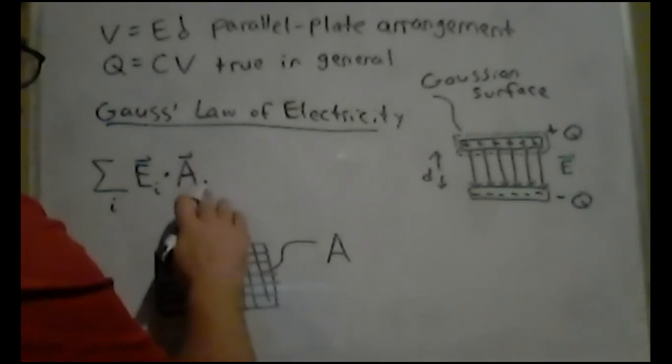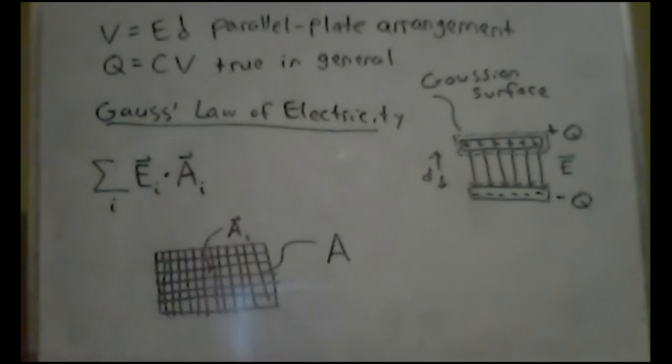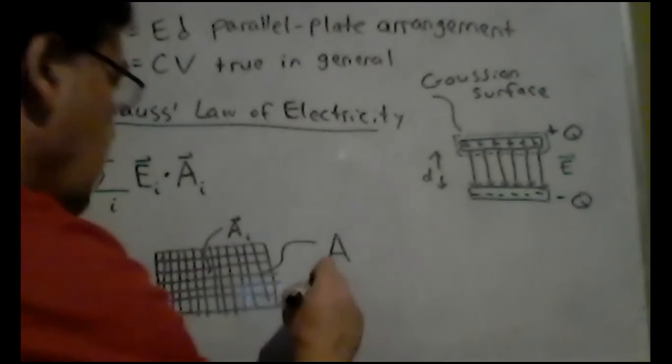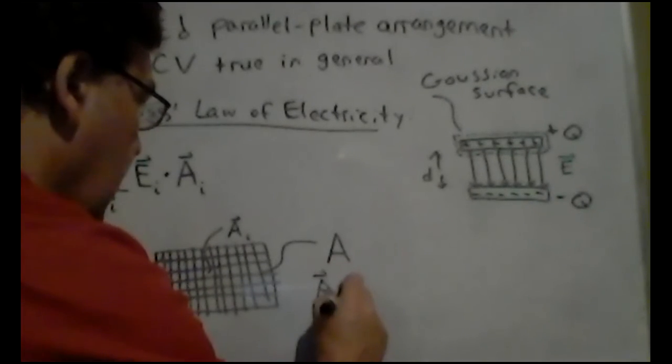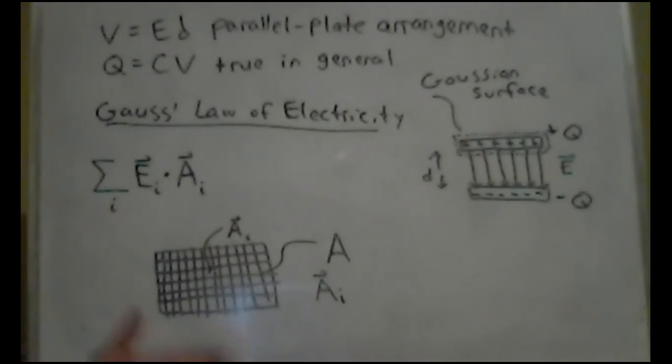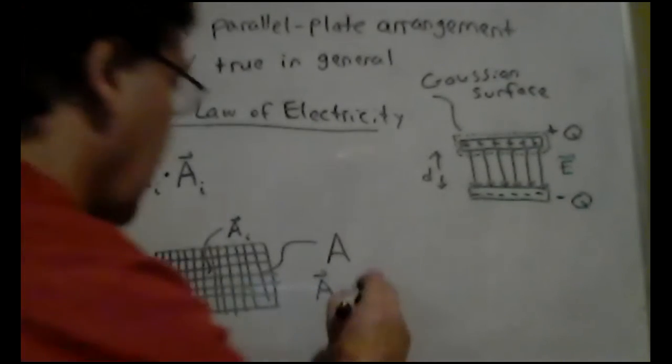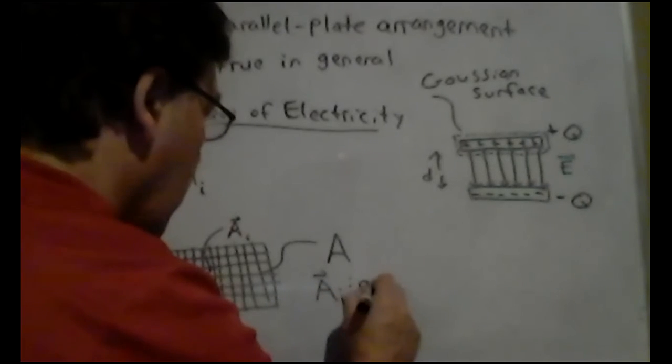So I sum up all of these E sub I dot A sub I. A sub I is an area normal. An area is length times width as usual, but it has a direction: it is perpendicular to the surface. This is called an area normal.